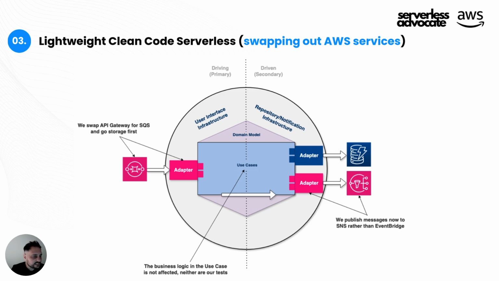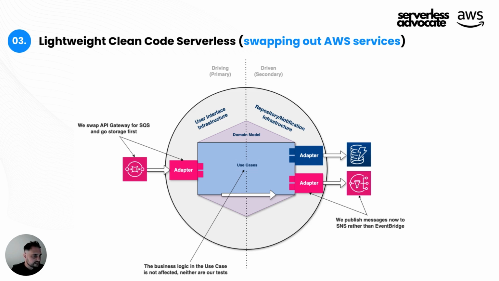So let's have a look at an example of actually swapping something out. So in the previous example, the input was API Gateway, which had the Lambda handler. But let's say we now want to do this, rather than synchronously, asynchronously. So we can swap out and do a storage first pattern. So maybe it's API Gateway to SQS, and then we invoke this Lambda.